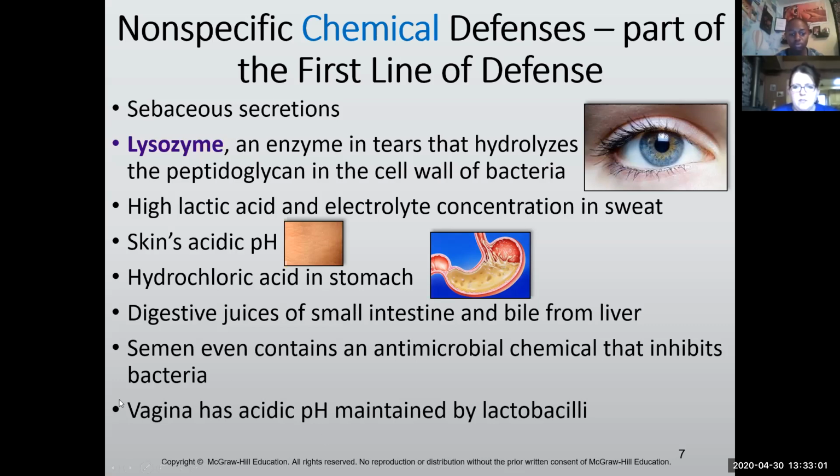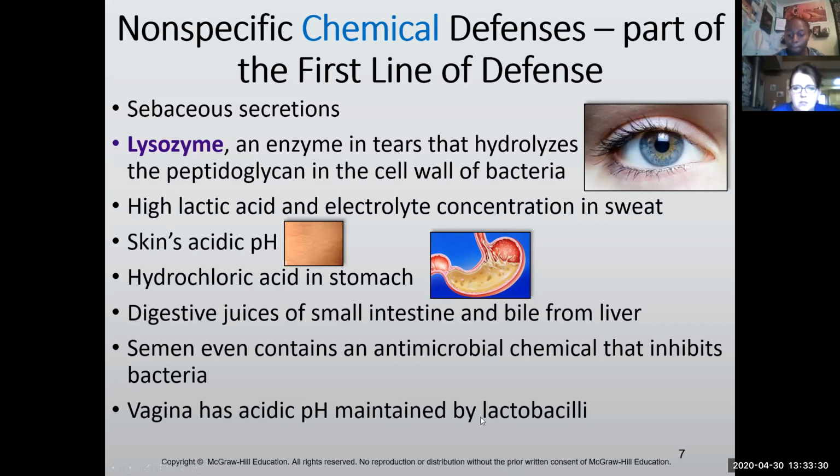We've all often heard about the vagina being very acidic and how that acidity helps to keep the pathogens at bay. But when you take, for example, an antibiotic, what does that do to the lactobacilli, potentially? Decreases it. Kills it. Right, and then what happens to the pH? Drops. No, increases. It goes up. These guys help maintain the acidity.